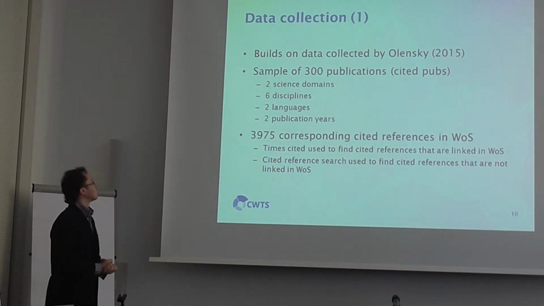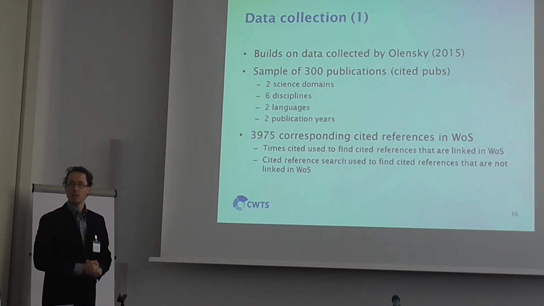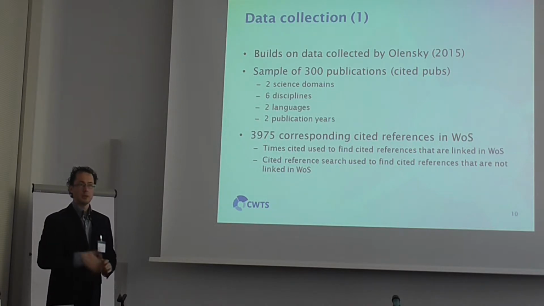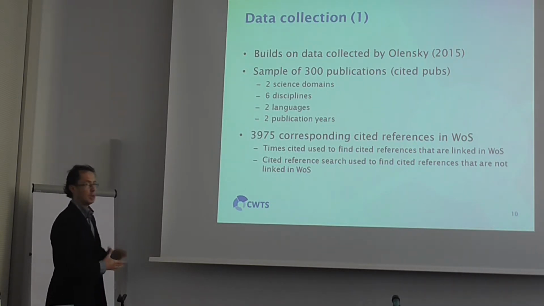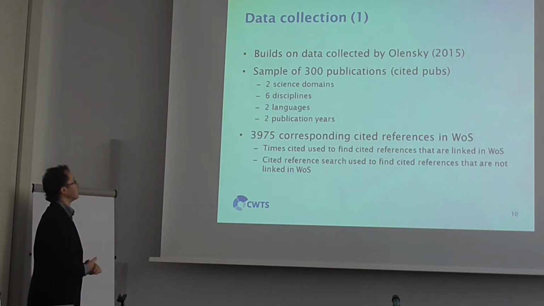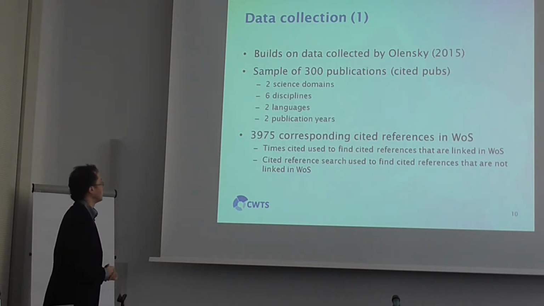Together with colleagues, we have validated the citation matching algorithm of my own center, the citation matching algorithm of IFQ, and the one provided by Web of Science. And we have used a validation data set for this. Marlies Olensky did a data collection, and this data set was generated based on the 300 publications, so cited publications from 2 science domains, 6 disciplines, 2 languages, and 2 publication years.